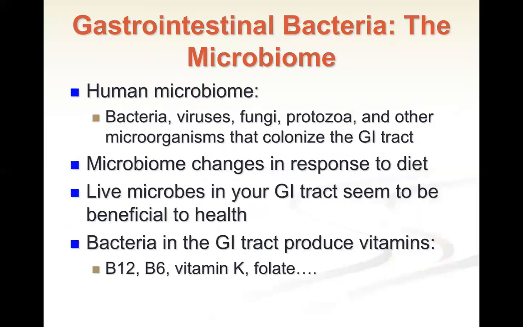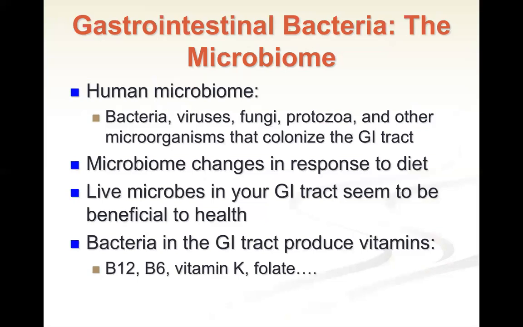The microbiome. So maybe you've heard a little bit about the microbiome, but the microbiome is a word to describe the bacteria that actually colonize our body. It can be bacteria, viruses, fungi, protozoa, etc. And the microbiome can be found on the skin, in the mouth, in the genital tract, and also the GI tract.